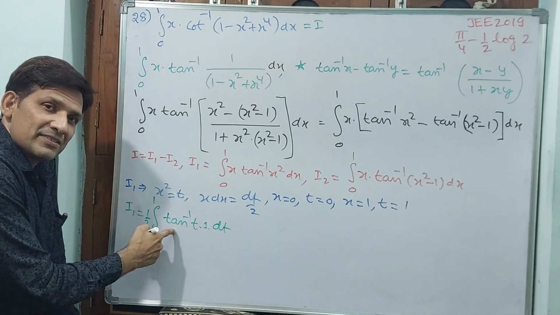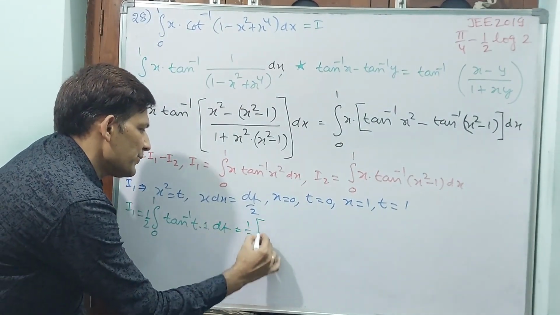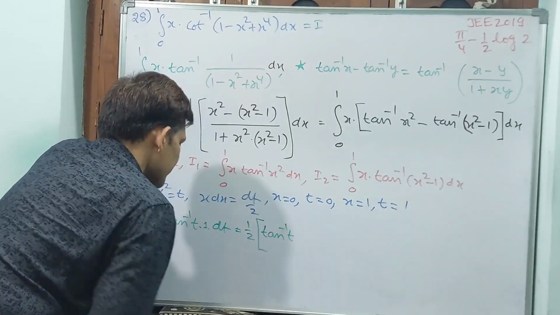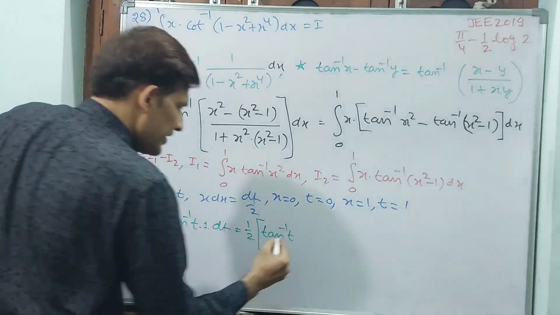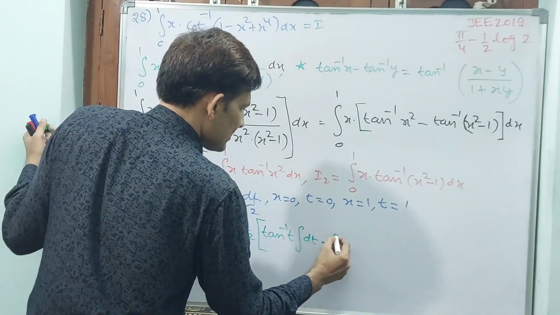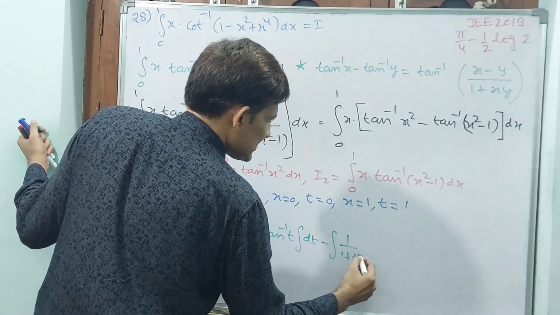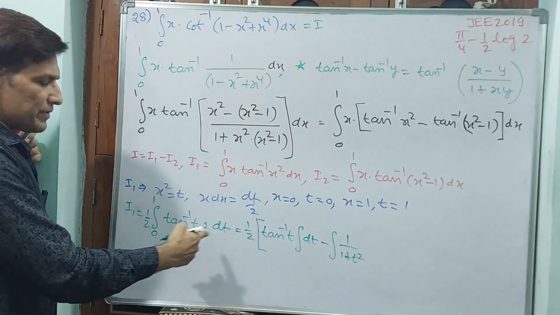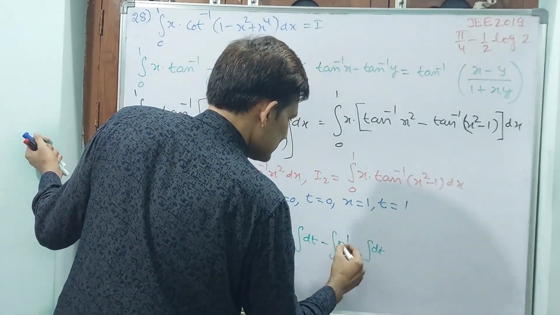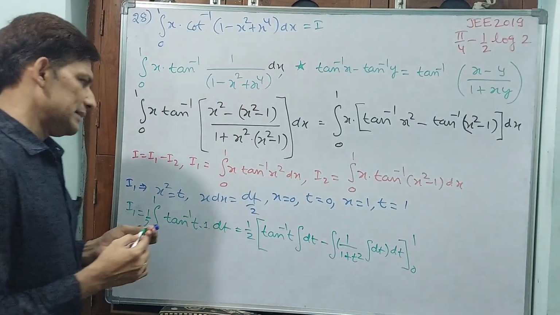Take u as tan inverse t, because we can differentiate this. That is equal to 1 by 2 times (u times integral of v dt, minus integral of the derivative of tan inverse t, that is 1 by 1 plus t square, times integral of v dt), again whole dt, from 0 to 1.